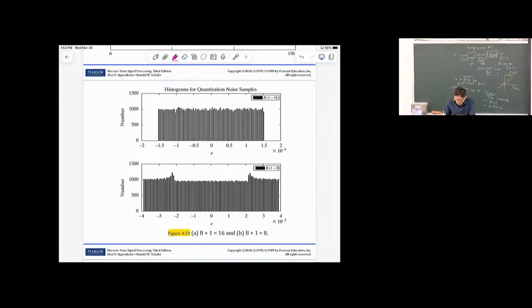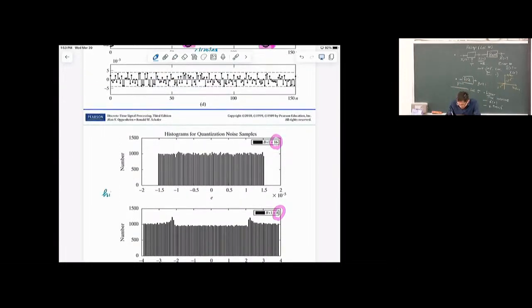So here again, we have the situation of 8-bit or 16-bit quantization. So what do you notice? What's the difference? And here we have the histogram, 长条图.